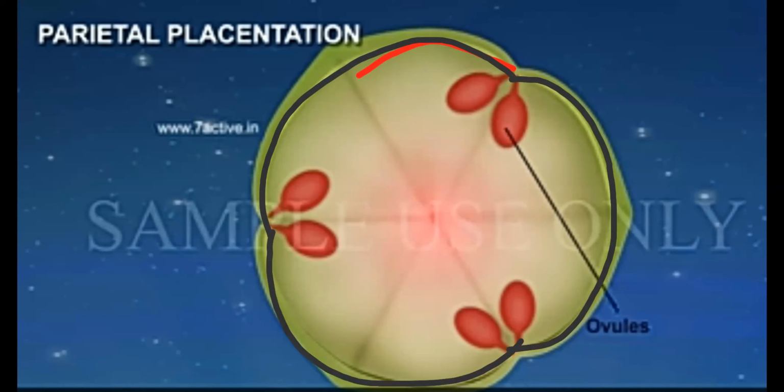But all carpels should be totally free, only then we will say apocarpous. Any point if they are fused with each other, whether superficial or deep, we call syncarpous condition.